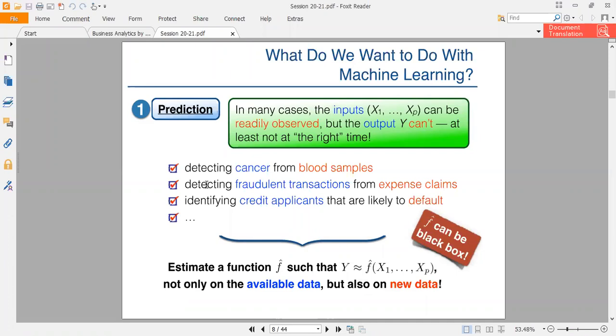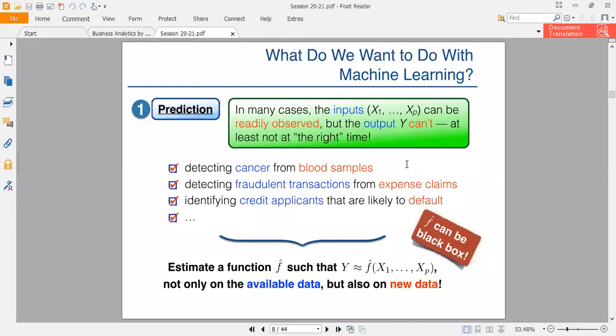So in this case, you can see some examples here as well. So you can detect cancer from blood samples. For example, blood samples लेते हो, you have your previous data कि किन type of blood sample में आपकी cancer की probability ज़्यादा होती है, and based on that you can make a prediction for a new person who is tested.